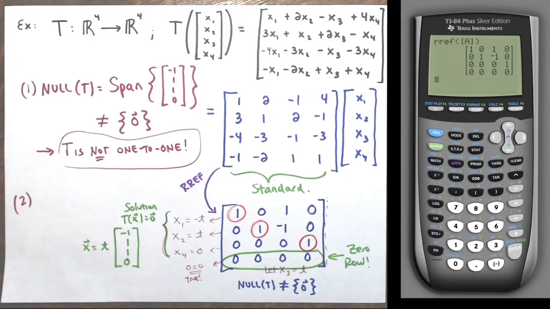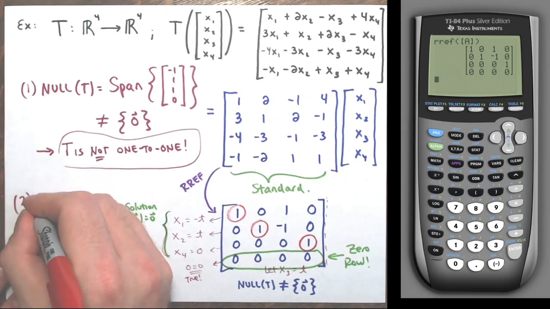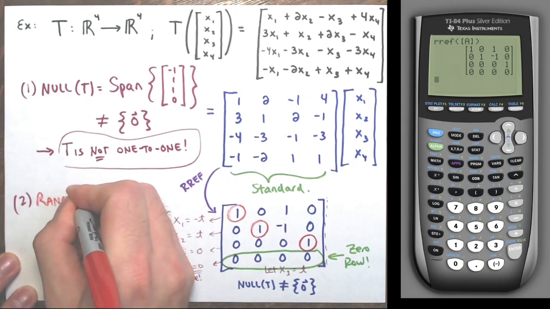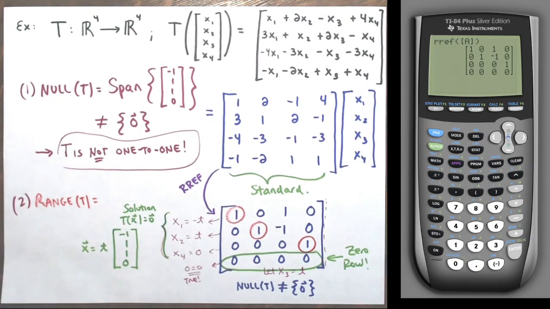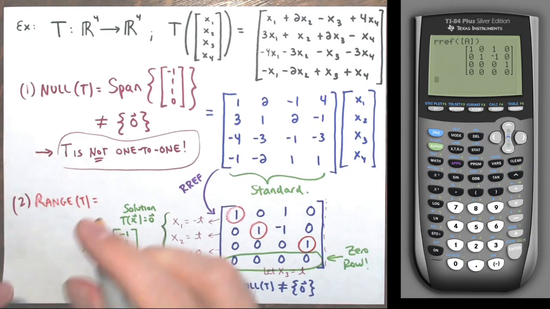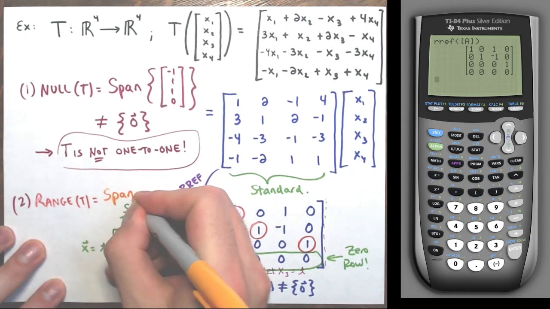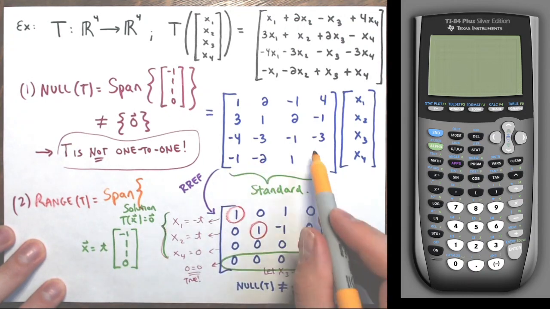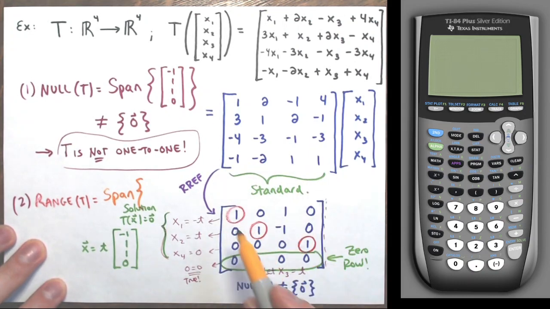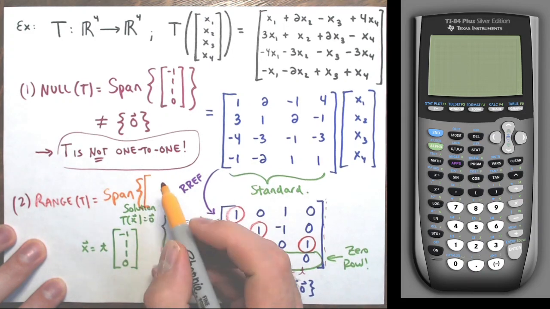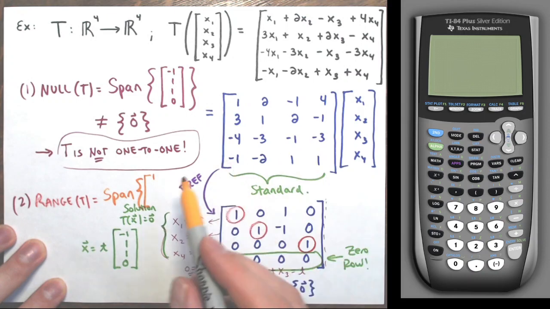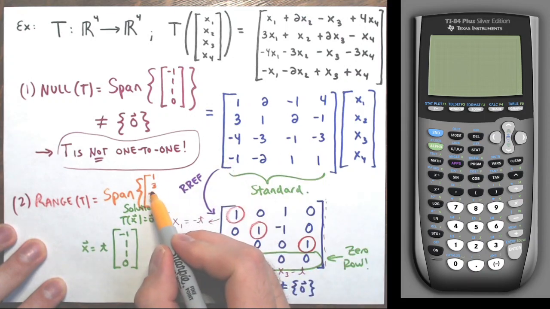The range of this transformation is the span of the 3 columns from the original matrix that correspond to these pivot columns. So the first, the second, and the fourth column of the original matrix there, 1, 3, negative 4, negative 1.